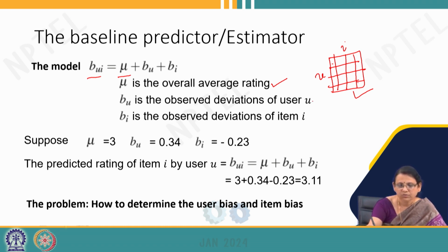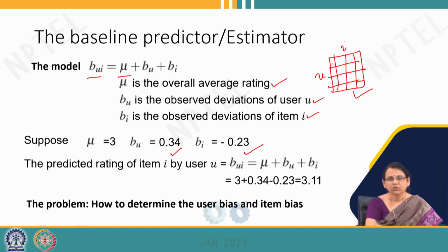Now, Bu is the observed deviation with respect to user u, and Bi is the observed deviation with respect to item i. Suppose mu is 3. So far we have not estimated the biases, but assume that we have already estimated them, and Bu is 0.34 and Bi turns out to be minus 0.23.